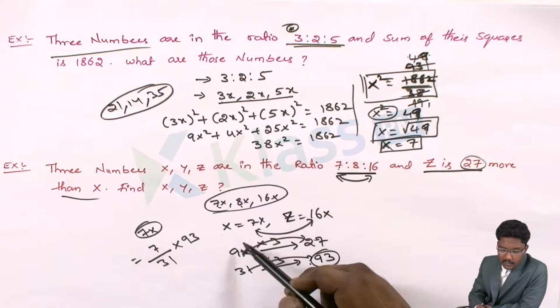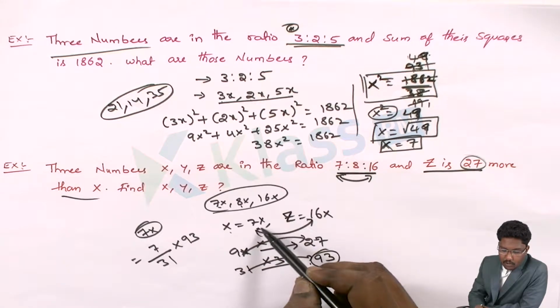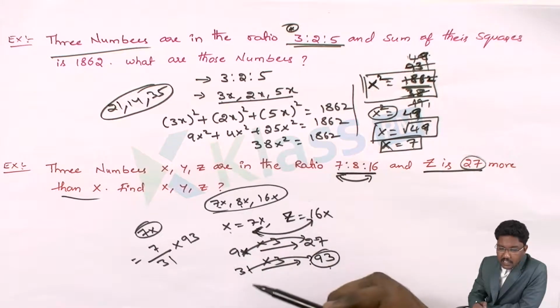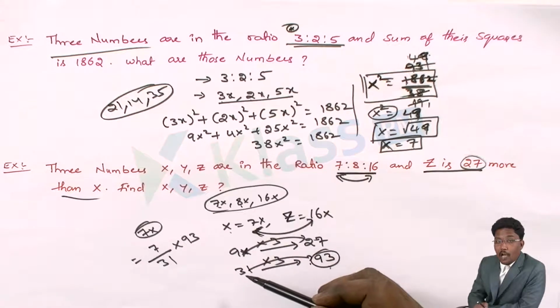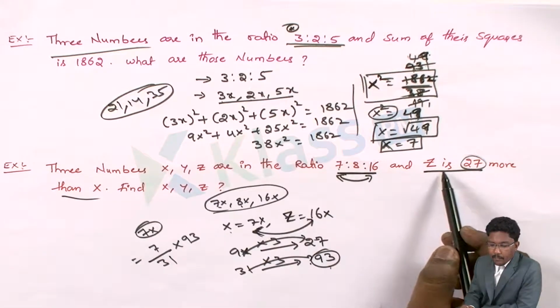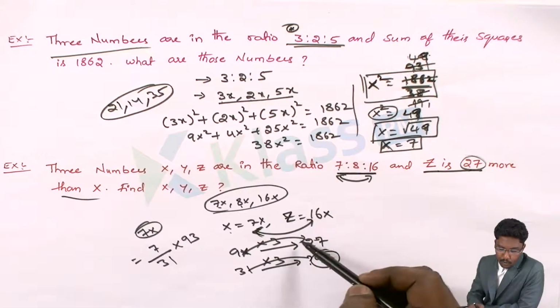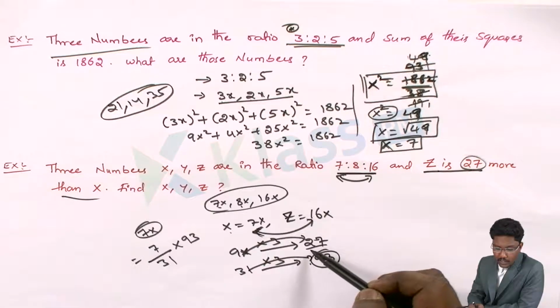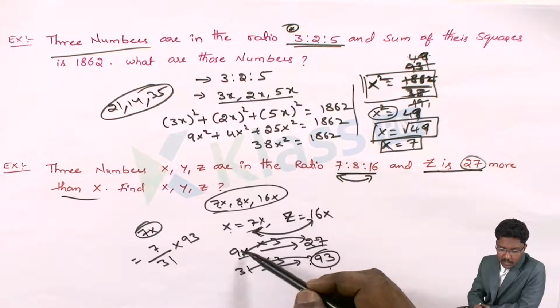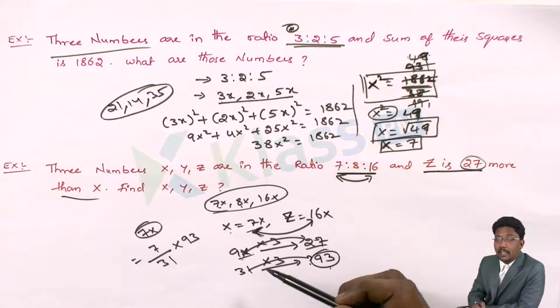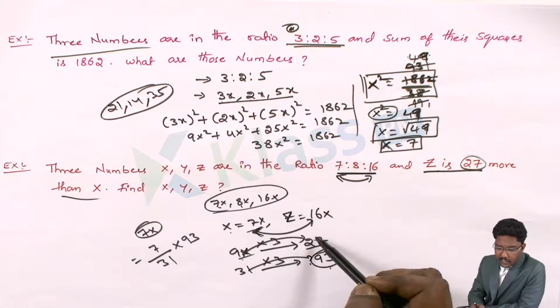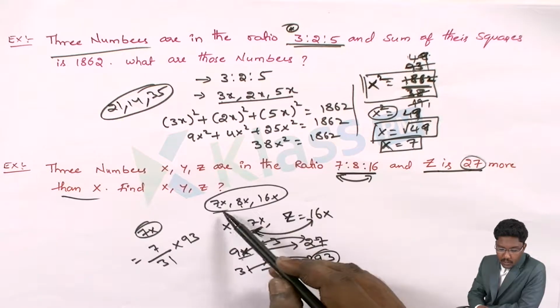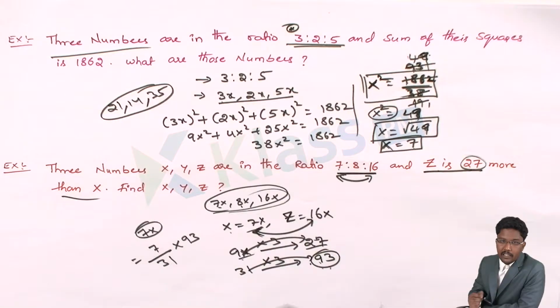In these 31 parts, the difference between x and z is 9 parts. But actually, according to the given data, z is 27 more than x. But according to our assumption, z is 9 parts more than x. So this 9 parts is equal to 27. Then total 31 parts is equal to 93.